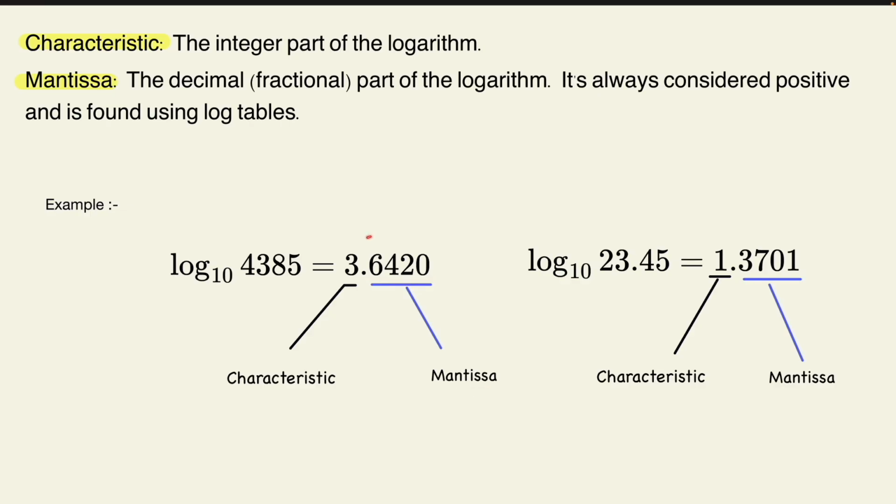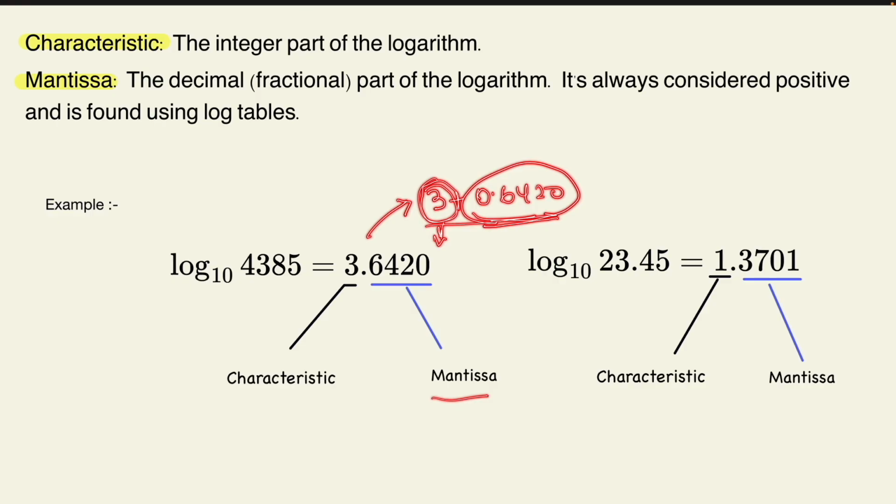The same number can also be written as 3 plus 0.6420. 3 is the integer and 0.6420 is the decimal. So here 3 is the characteristic and 0.6420 is the mantissa.